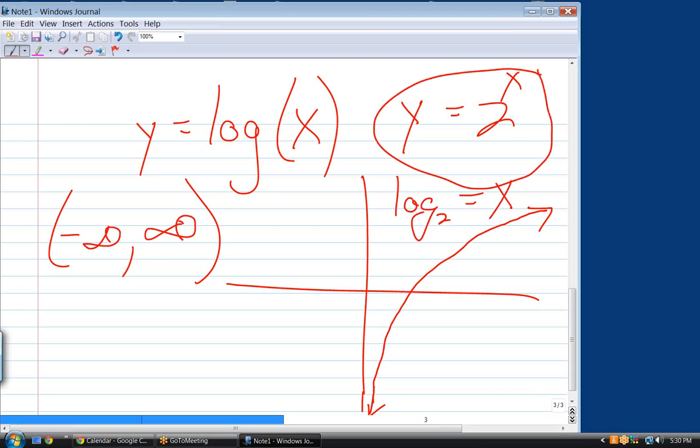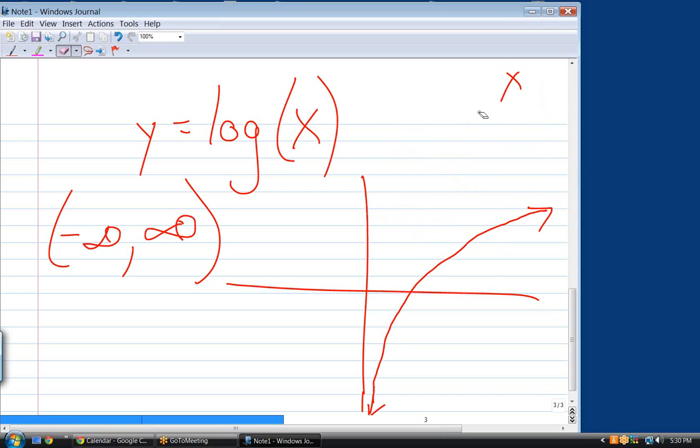Base is 2, the argument is y. So that is the equivalent of that. But there is another property of logs that you want to know about, and that is that logs also happen to be the inverse.